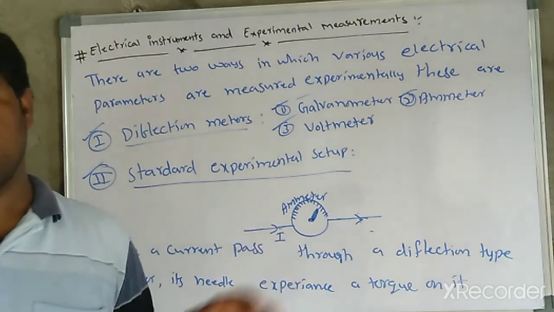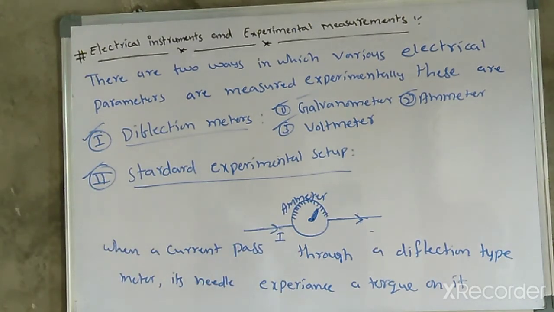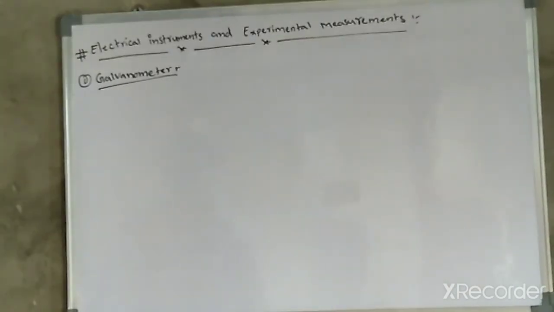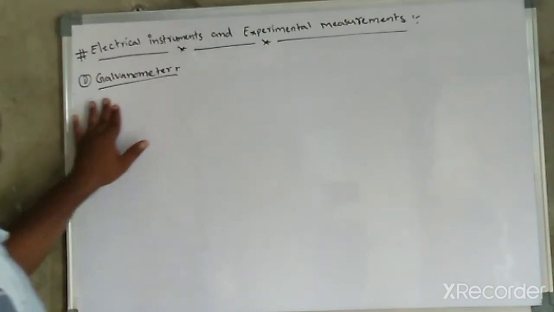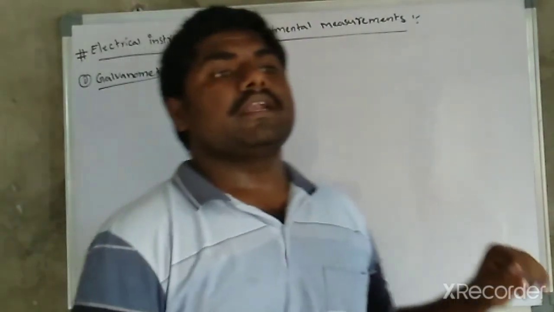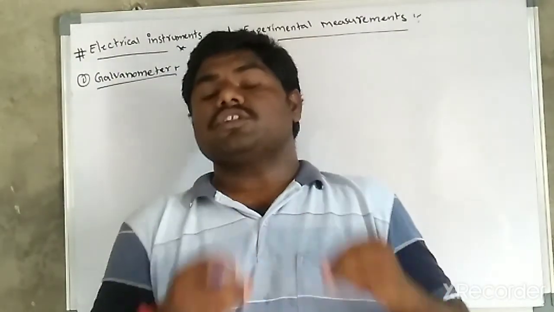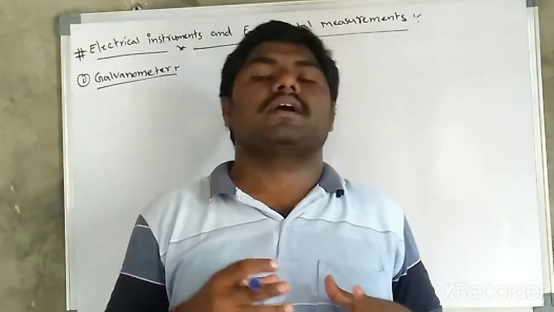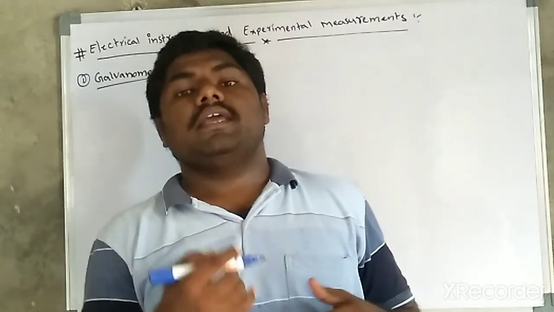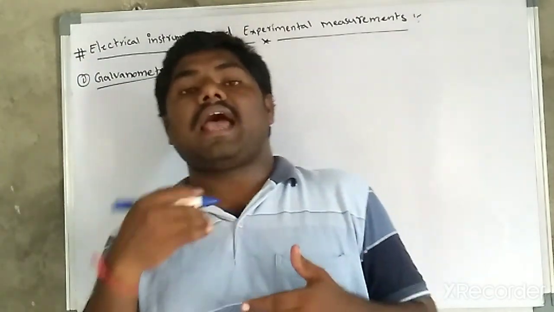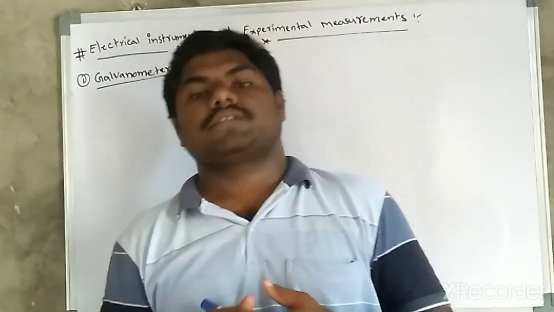So the very first one, galvanometer. A galvanometer is used to measure small current. And a galvanometer has two standard characteristics.